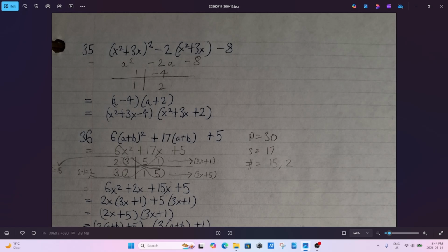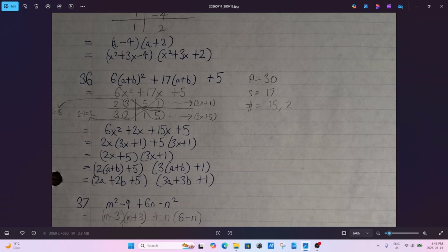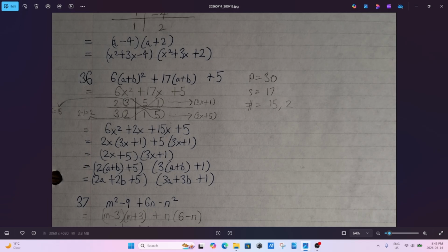Question 36. We let x equals a plus b, and then we test out the different approaches. So we can get 3 and 2 for the first term, and we can get 1 and 5 for the last term. And we see that it's going to be (3x plus 1) and (2x plus 5).